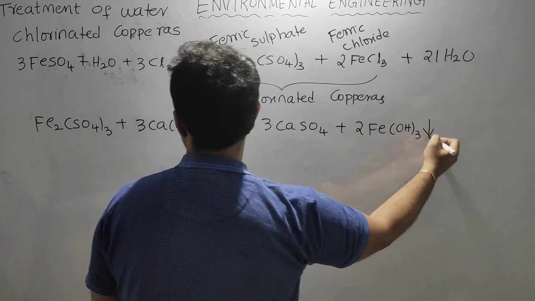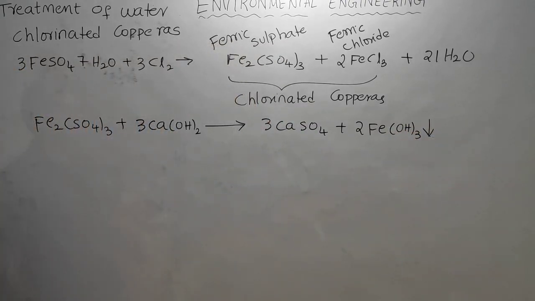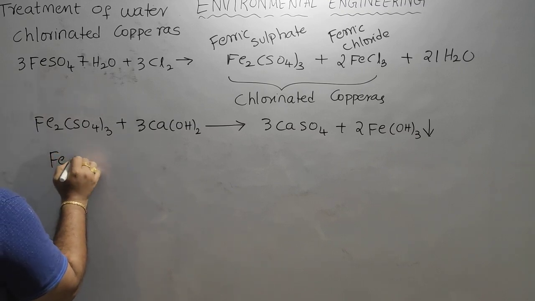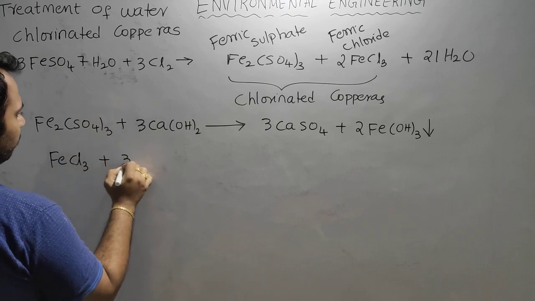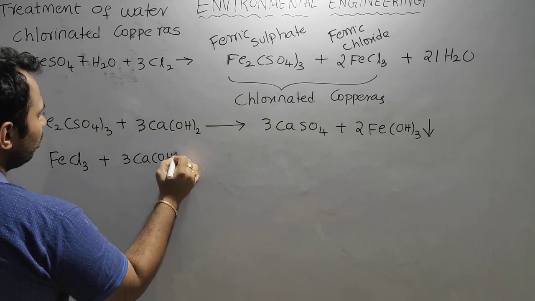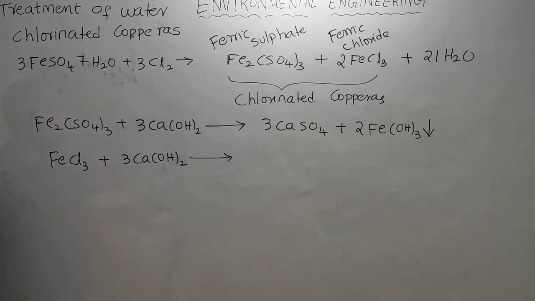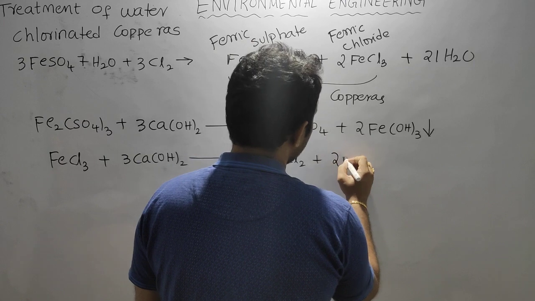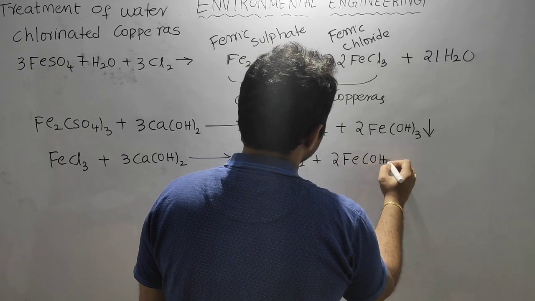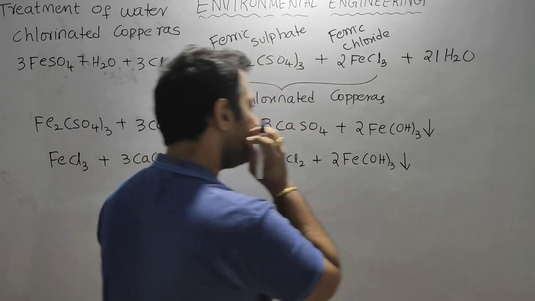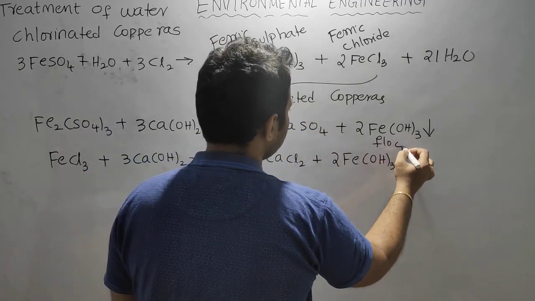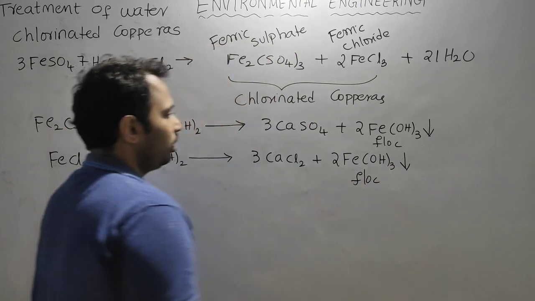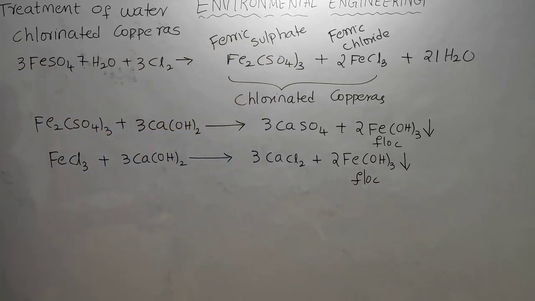This is the precipitate. Similarly, the ferric chloride also reacts with lime and forms 3CaCl2 plus 2Fe(OH)3. This is the precipitate. This is the flock. Fe(OH)3 is the flock.